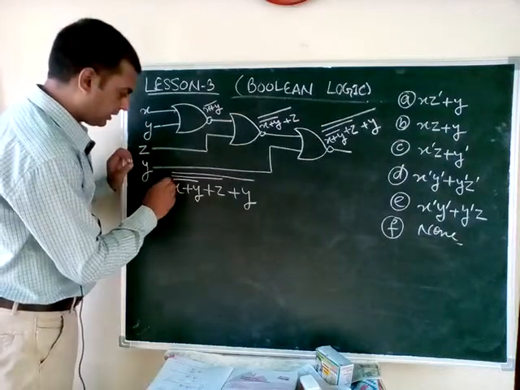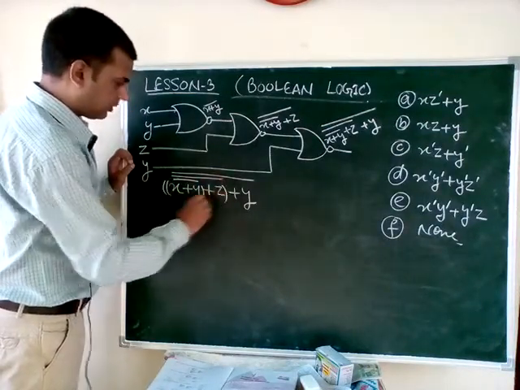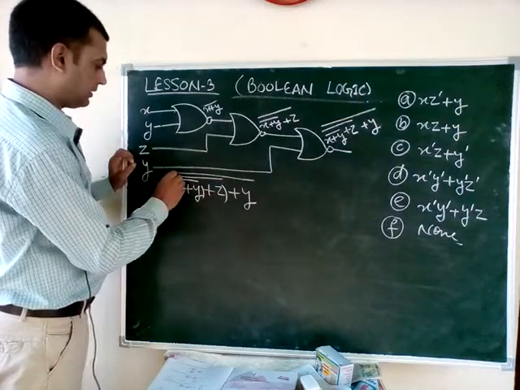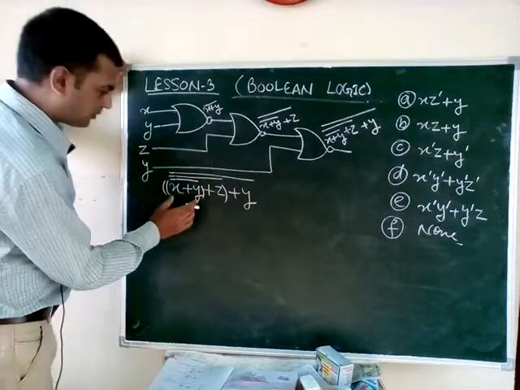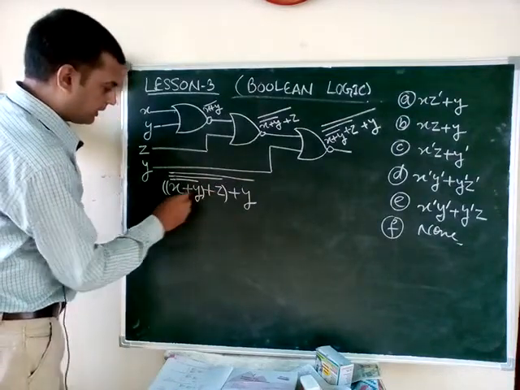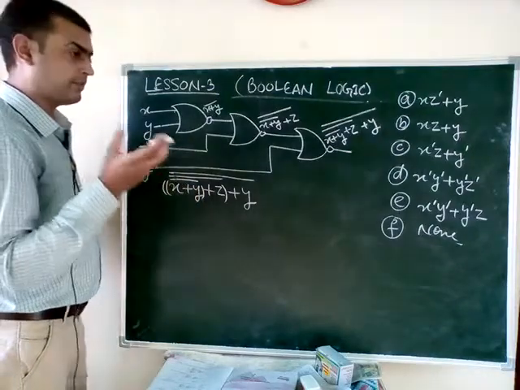This is the first block, this is the second block, and this is the third one. Now you will start from the inner portion. In this inner portion you have to use De Morgan's law of plus.